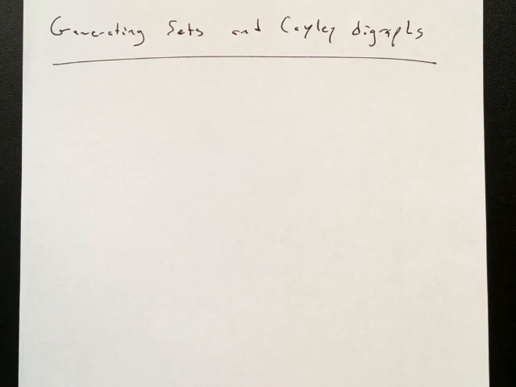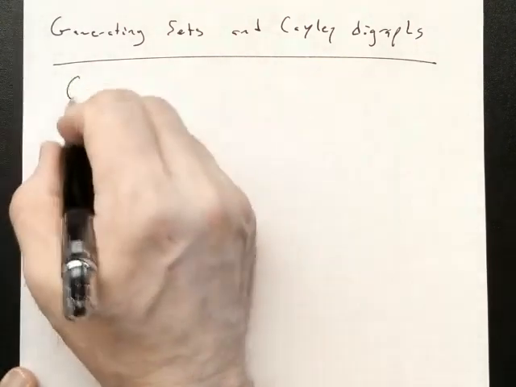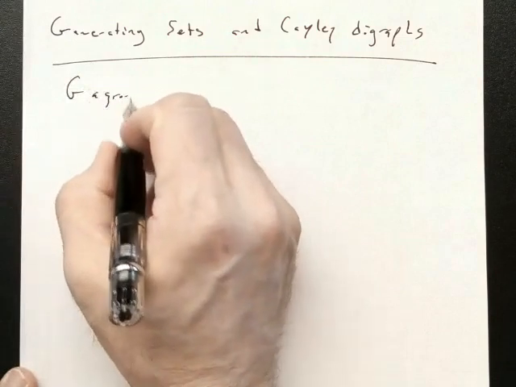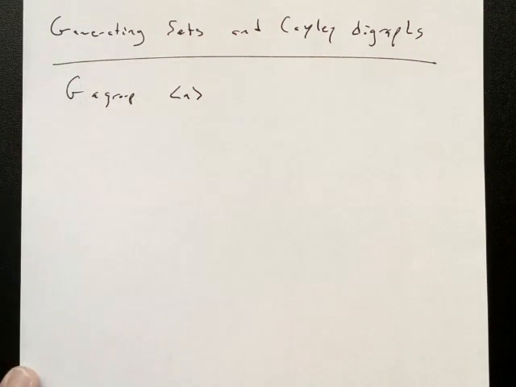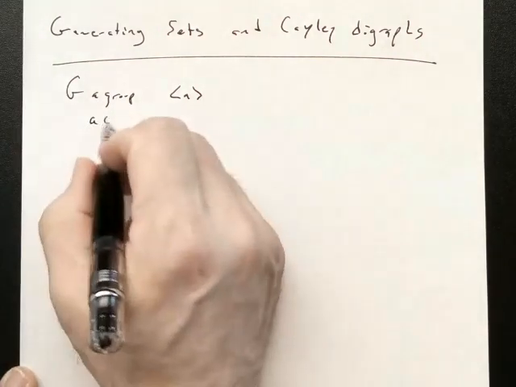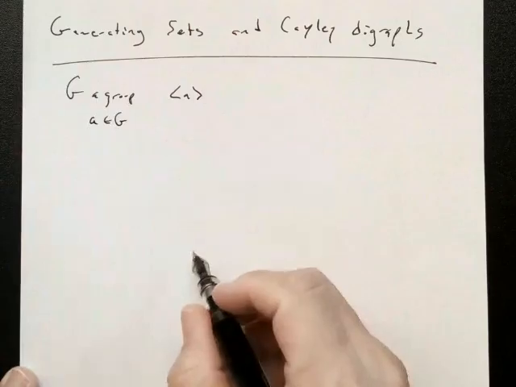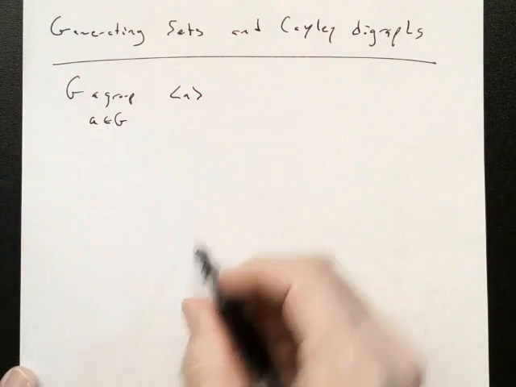Let's consider an arbitrary group, and for any element A in the group, we can create the subgroup generated by A.